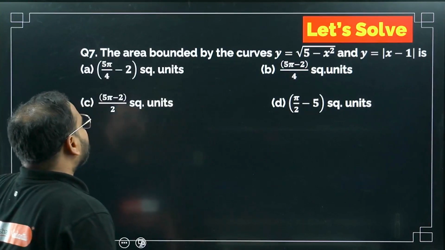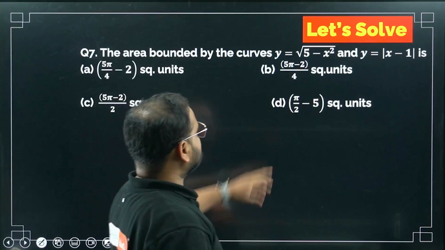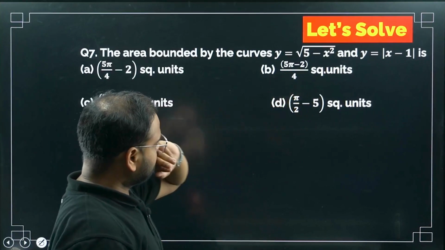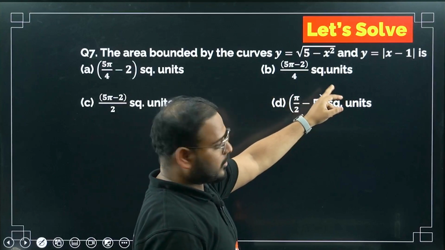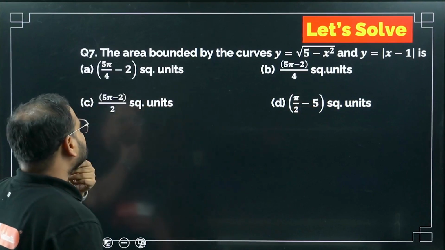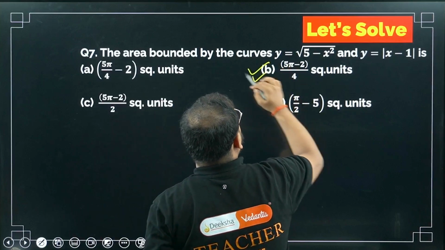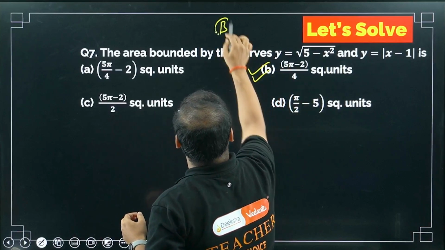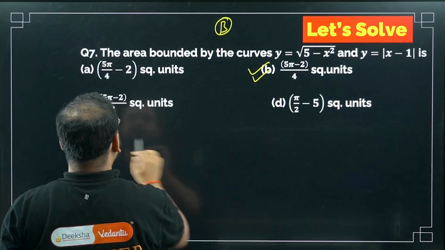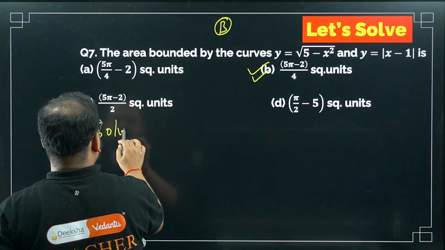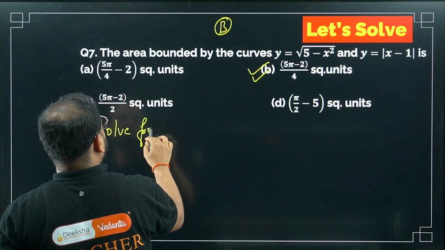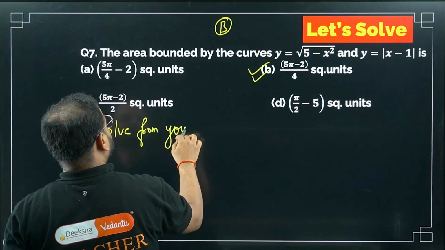Moving ahead. The area bounded by the curve 5. Oh, this is a circle, and that is a modulus of function. But I have done this question in the previous session. Yes, answer was this if you remember. So please solve it from your side. Okay, I'll show you in the figure, but solve from your side.